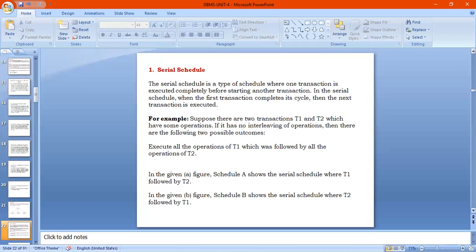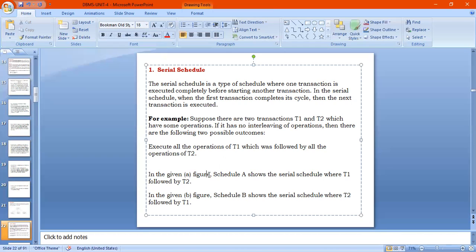The given schedule shows the serial schedule. Next, T1 follows T2.